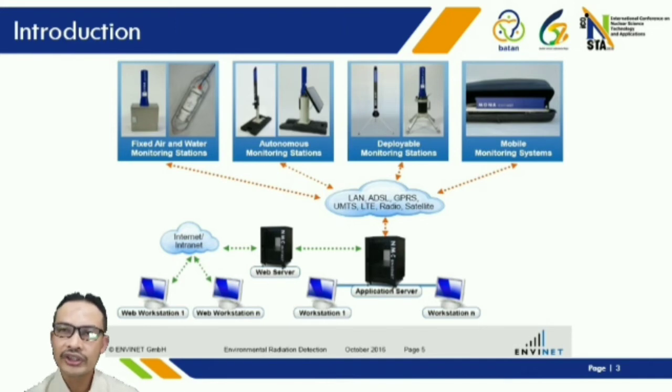Radiation monitoring data is generated by the station or the sensor and then sent to the central server. We can use some lines or networks in the transmission of data. We can use LAN network, radio, satellites, and of course internet network.